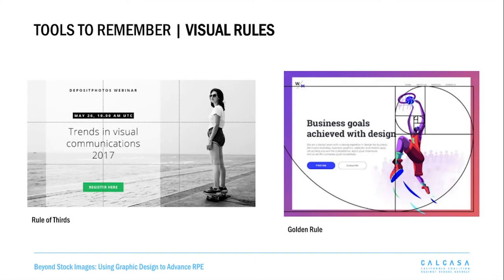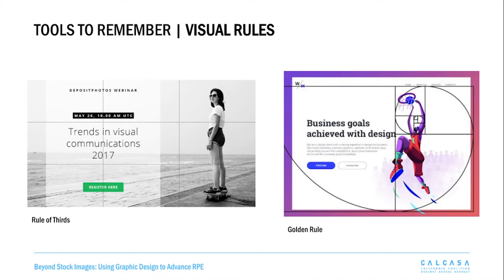And those points where the lines cross are usually where your eye likes to go. So whenever you place information there, it's very pleasing to your eye. So we see that in the first example, where they display that information on that left line, and then the rest of the information or the visual fills that other third that's left over.